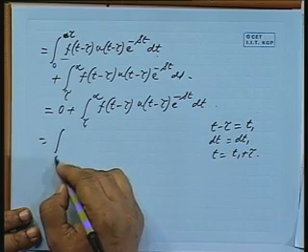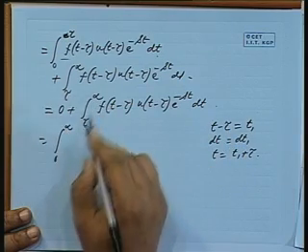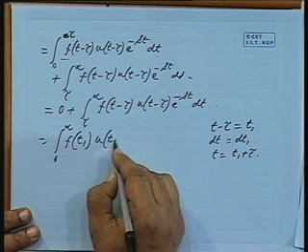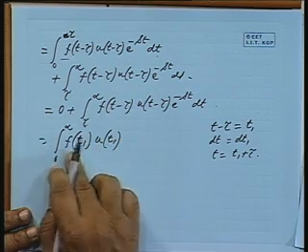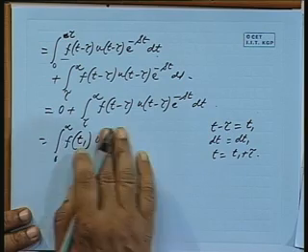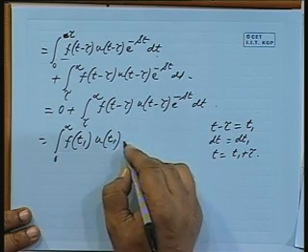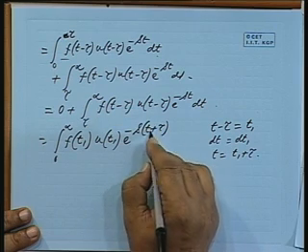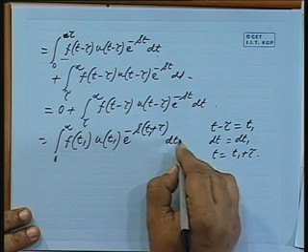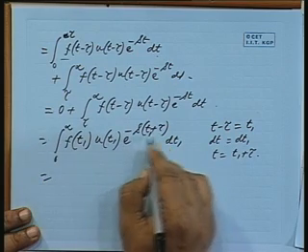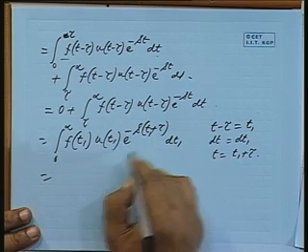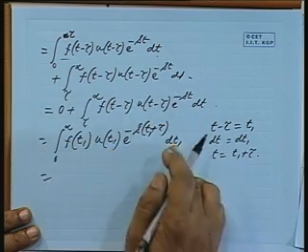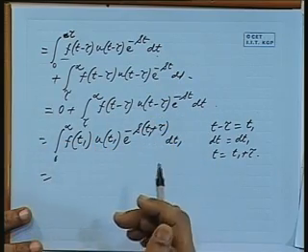So, this limit becomes 0 to infinity, f(t1) u(t1). Here I can break it up into e to the power minus s t1 and e to the power minus s tau. E to the power minus s tau can be taken out because the integration is with respect to t1.